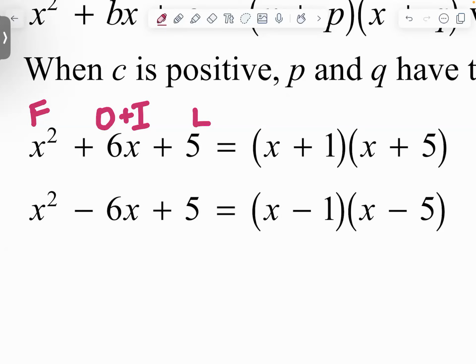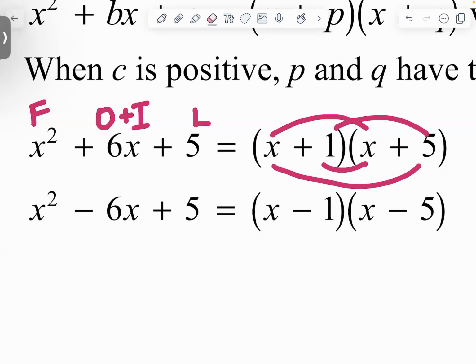So I know it's gonna be x squared, so x and x, and I don't have to do anything with 6x. So basically, if you start here and this is your answer, you better make sure that first, outside, inside, last multiplies back to be this answer right here.